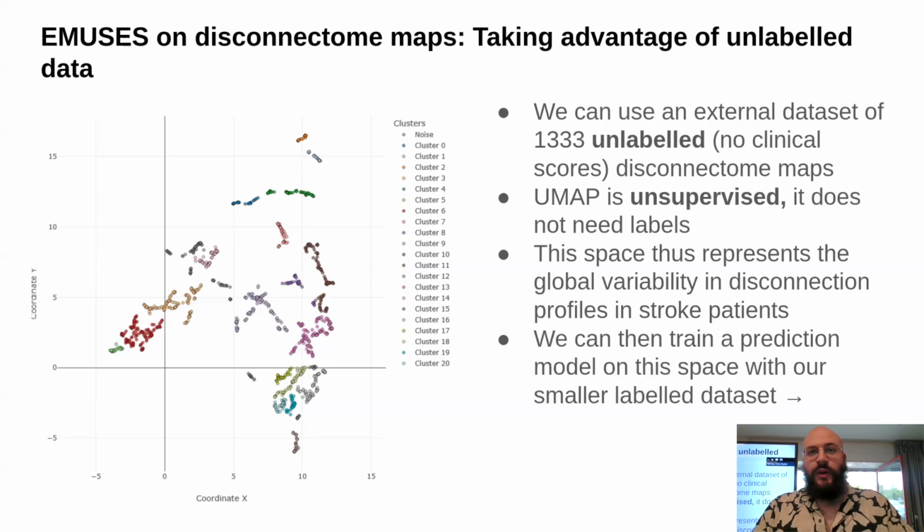And this part is totally unsupervised. So if you had another type of data that you want to explore and you only have a small labeled data set, if you have access to a bigger data set but that doesn't have your psychological scores or your task scores, you can still model the variability.